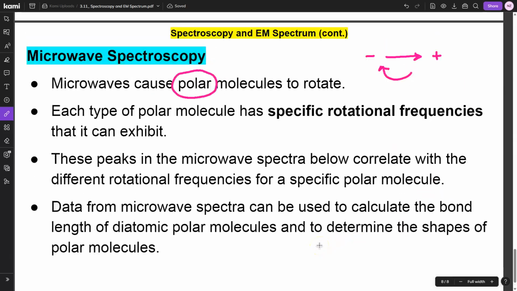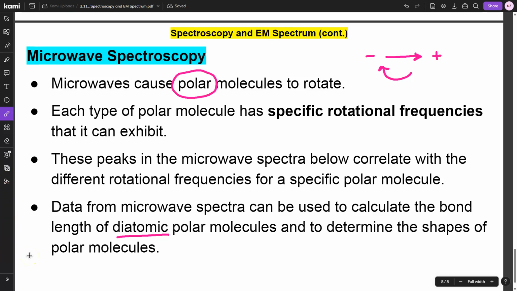Data from microwave spectra can be used to calculate the bond length of diatomic polar molecules and determine the shape of polar molecules. Diatomic is where you're going to have just two elements there.